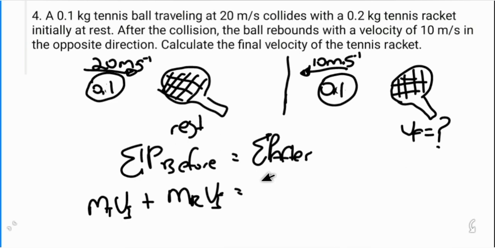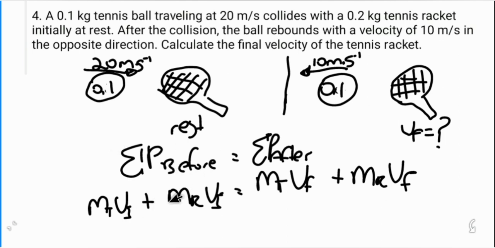This is equal to the mass of the tennis ball times the final velocity of the tennis ball plus the mass of the racket times the final velocity of the racket, the one that we are looking for.